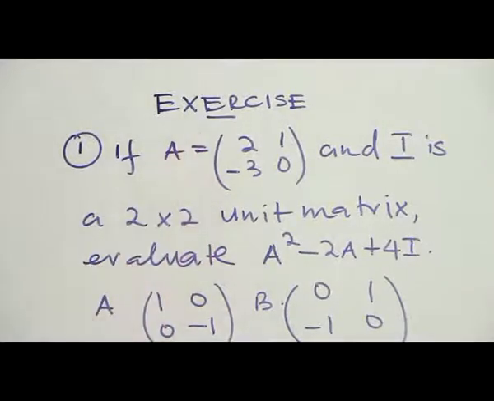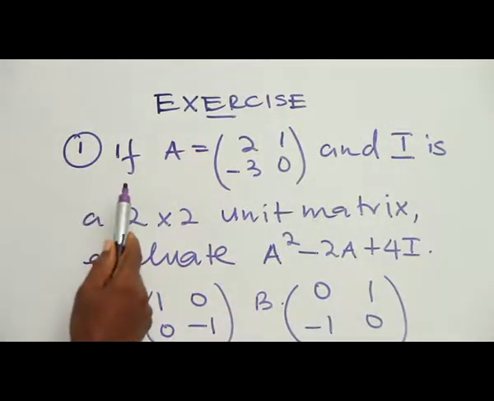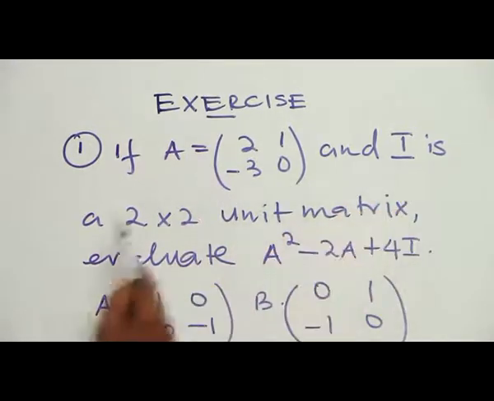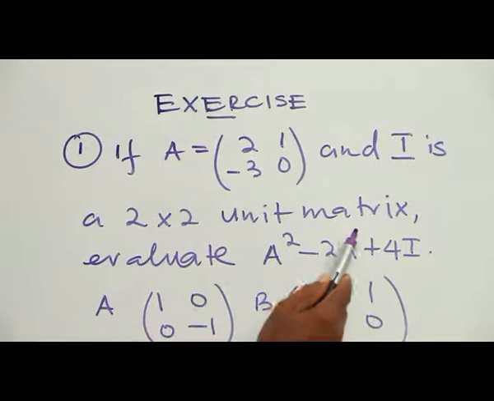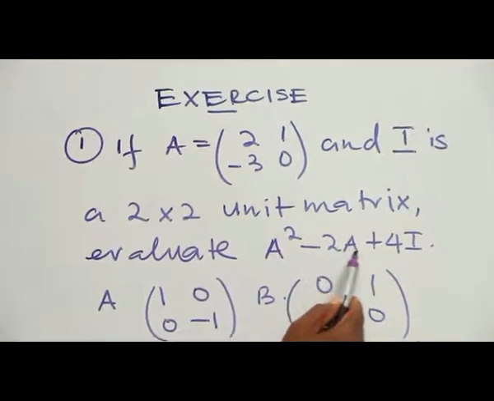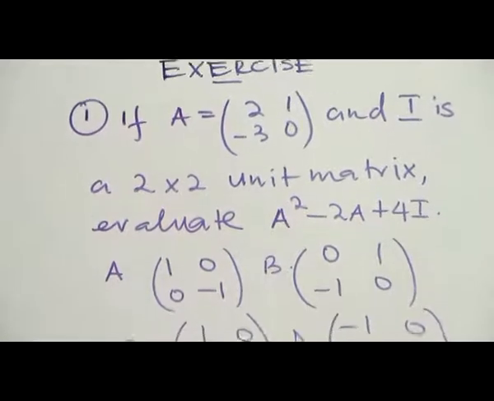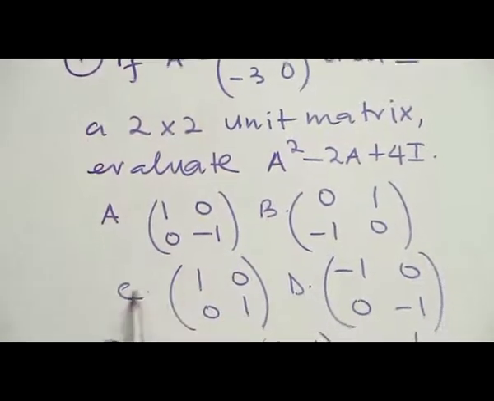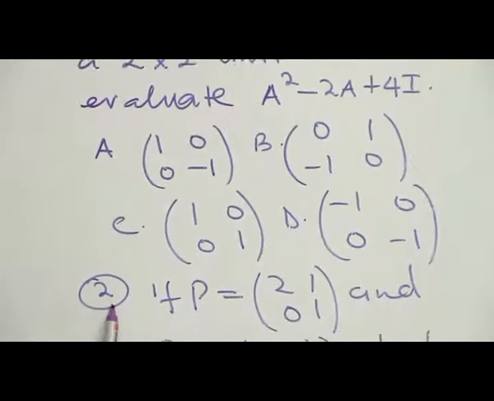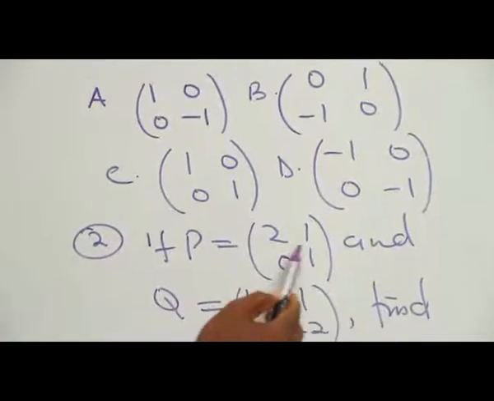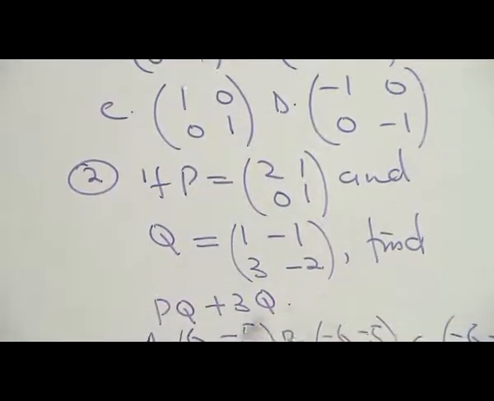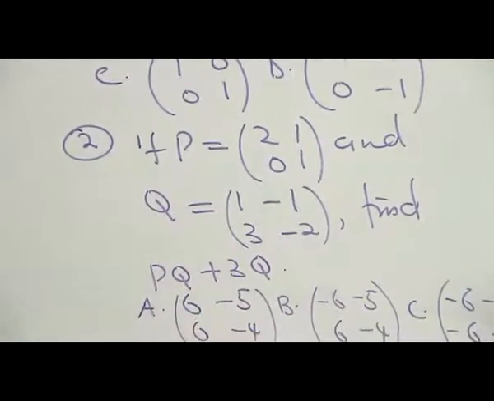Exercise. Question number 1. If A is equal to this matrix and I is a 2 by 2 unit matrix, evaluate A squared minus 2A plus 4I. Options A, B, C, D are provided. Question number 2. If P is equal to this matrix and Q is equal to this matrix, find PQ plus 3Q.